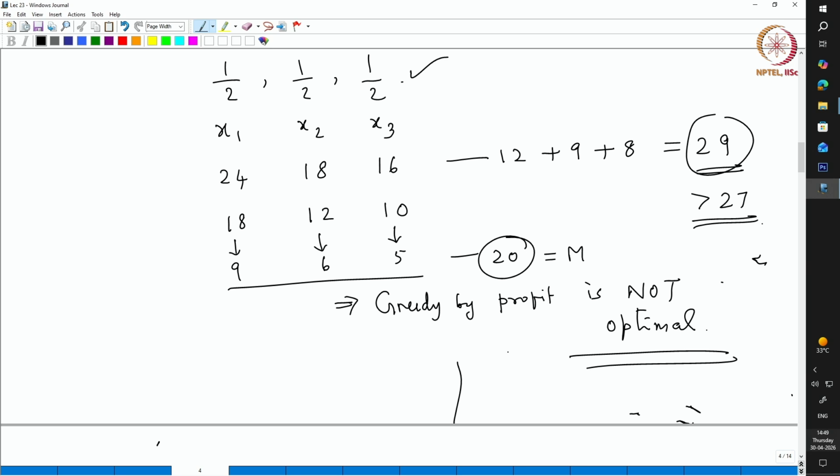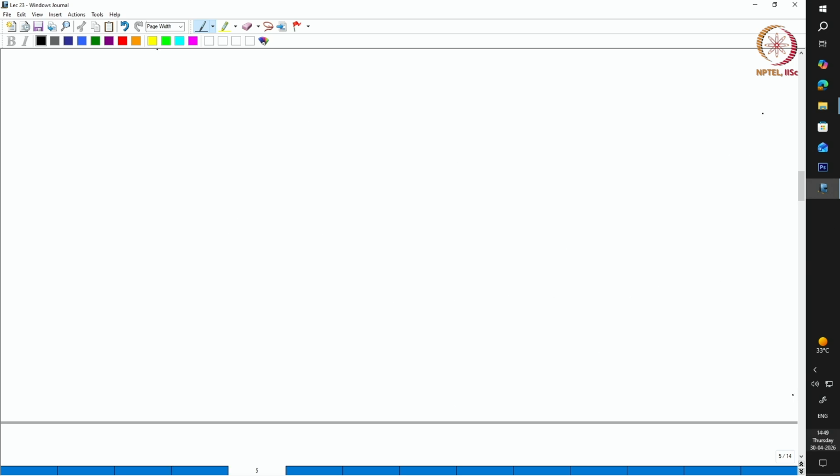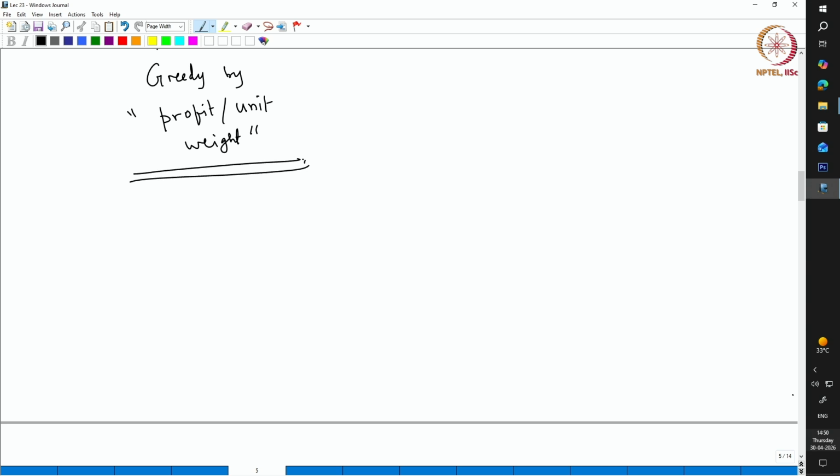So, can we have a greedy strategy that would produce an optimal solution? The answer is yes, and you have to be greedy by profit per unit weight. Look into the quantity profit per unit weight. Whichever has higher profit per unit weight, take that as much as possible.